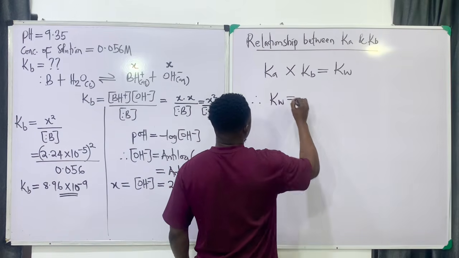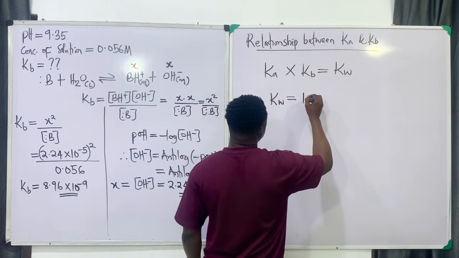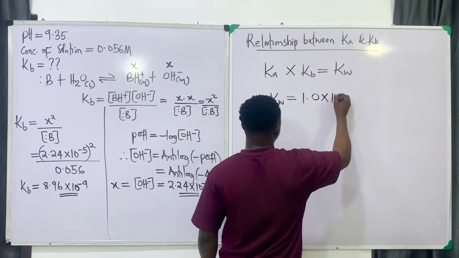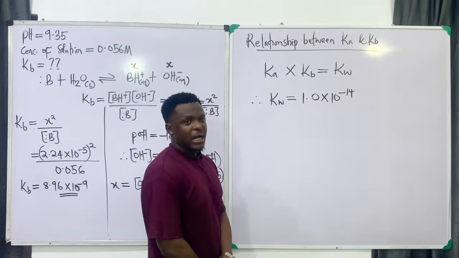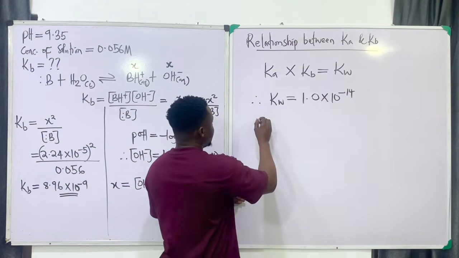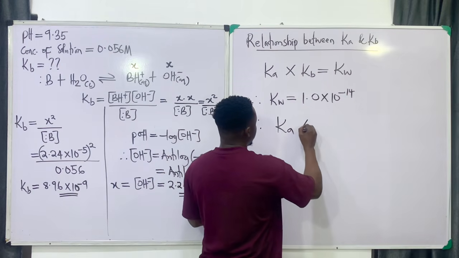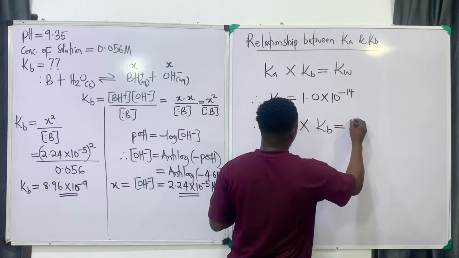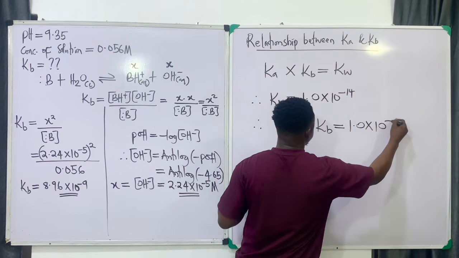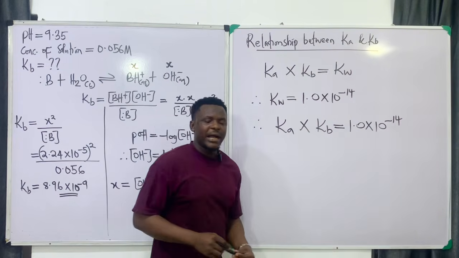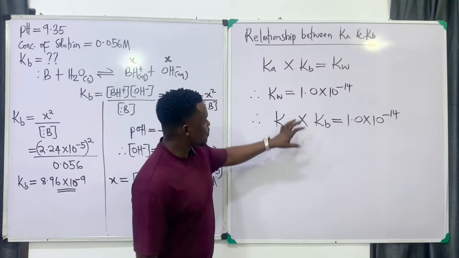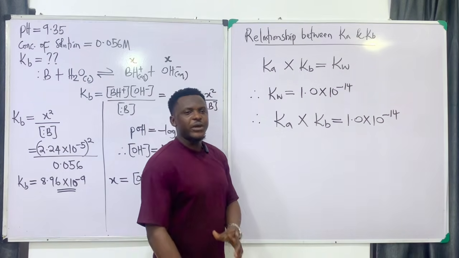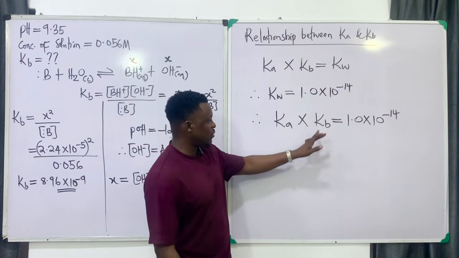Kw will always have a value of 1.0 times 10 raised to the power of minus 14 at 25 degrees Celsius. So therefore, Ka times Kb equals 1.0 times 10 to the minus 14. In case you're asked to give the relationship between Ka and Kb, this is the relationship.